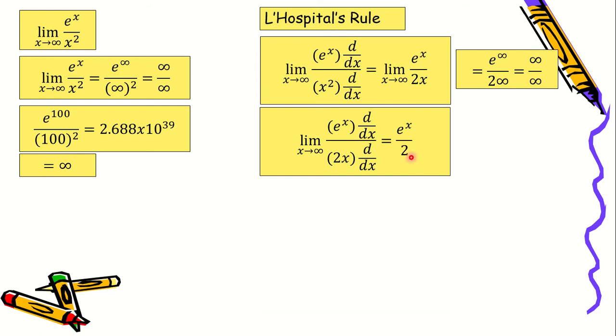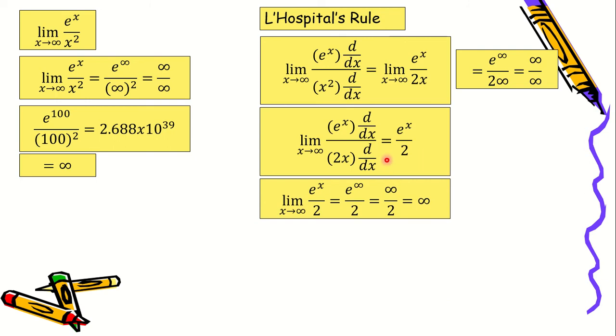So if we replace x with infinity, it's going to be infinity divided by 2, which is infinity. And that will be the final answer. So, plug in natin yung infinity, replacing x. So, e raised to infinity divided by 2. E raised to infinity is infinity, divided by 2, which is equal to infinity.